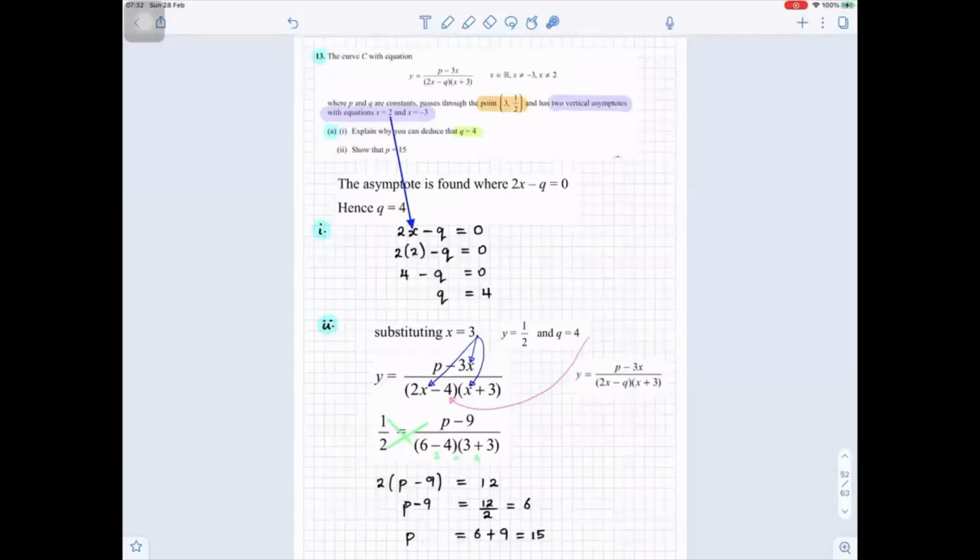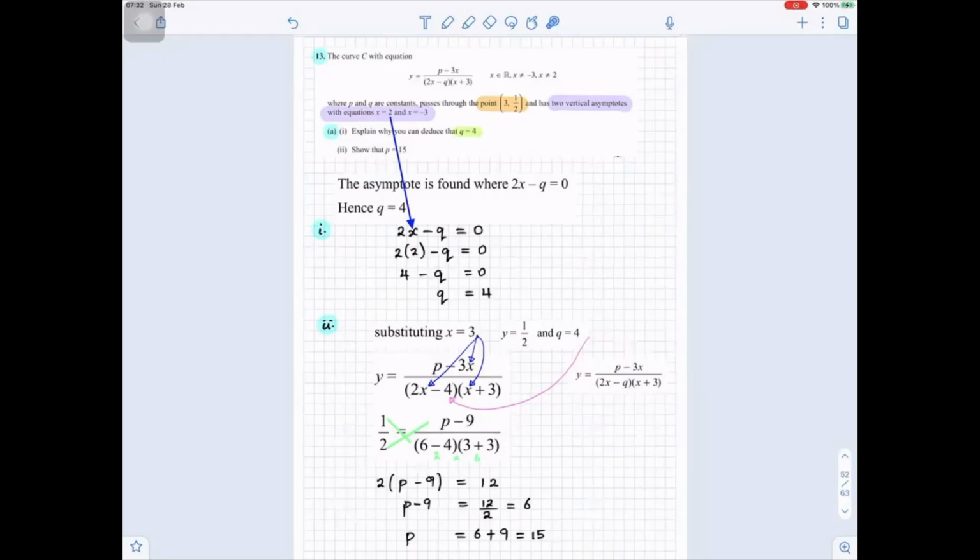Part b says, show that p is equal to 15. We substitute x equals 3, y equals a half, and q equals 4. So you follow those blue lines, x equals 3 there, x is 3, and then y equals a half, and q equals 4.